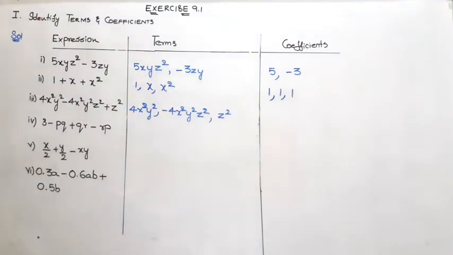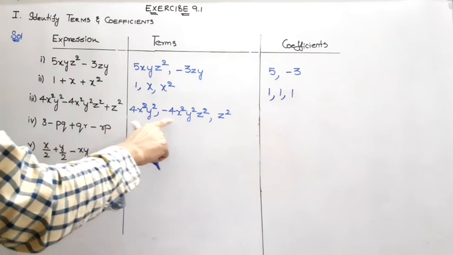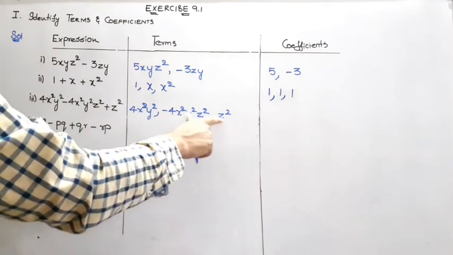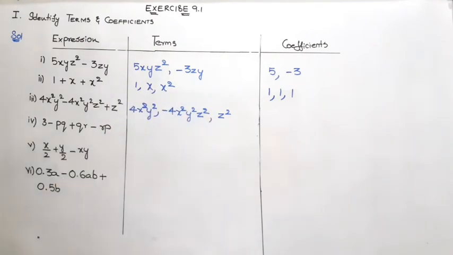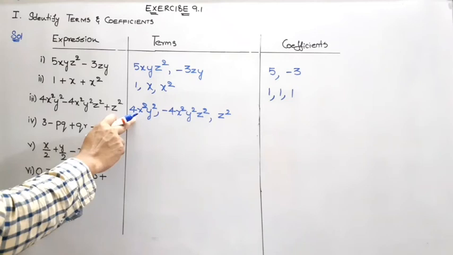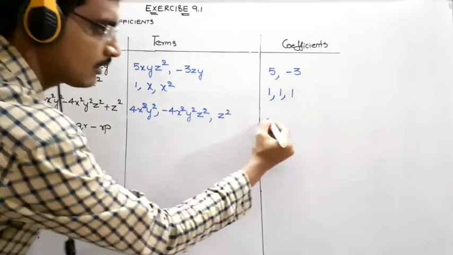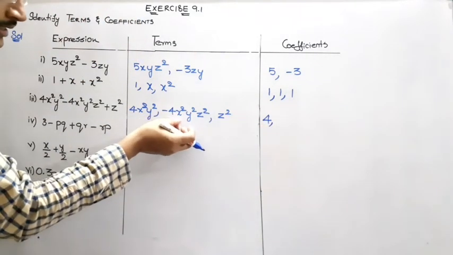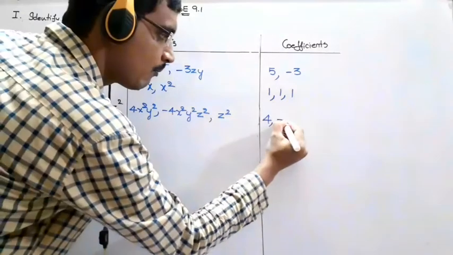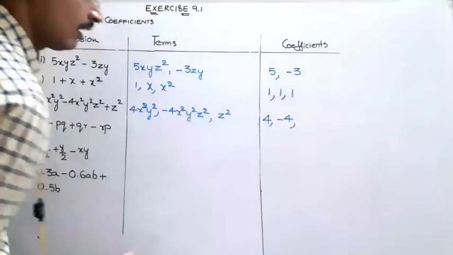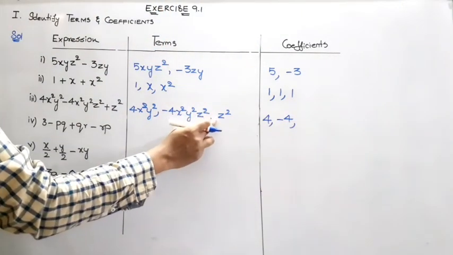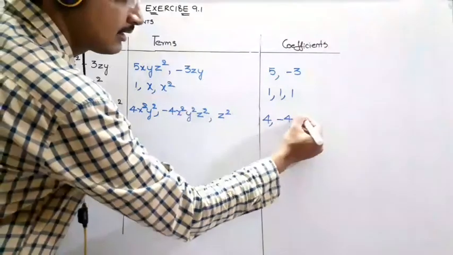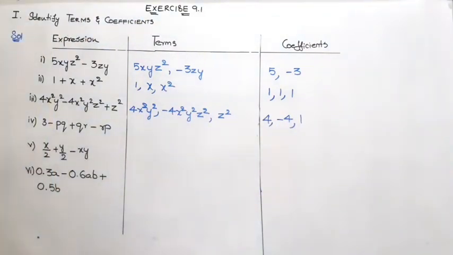Now the coefficients. For 4x square y square we have the numerical coefficient 4, and for minus 4x square y square z square we have minus 4, and for z square there is no number, hence we will consider it as 1. Hope you are following, children.